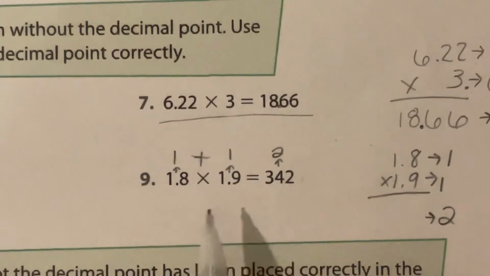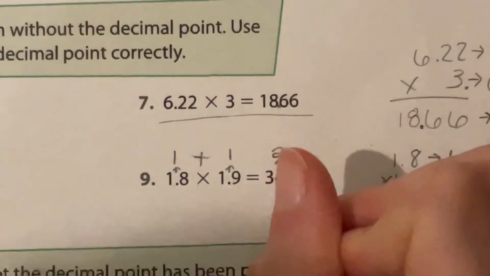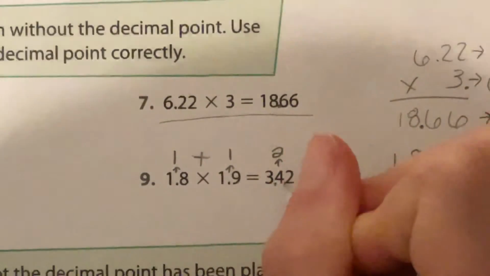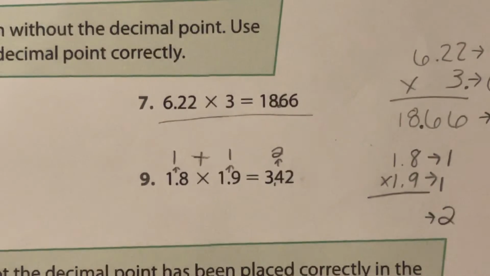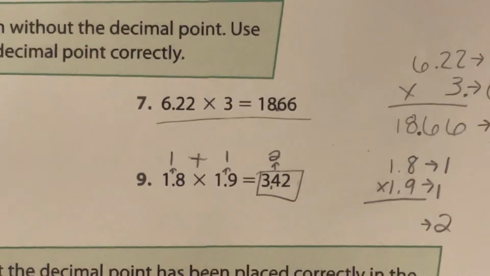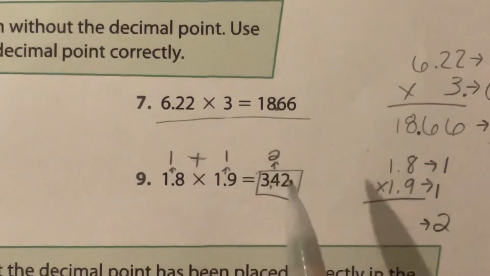So I know how many digits should be to the right of my decimal point. 2. It should be right here, because my 4 and my 2 are my 2 digits to the right of the decimal point. My answer is 3.42. Okay, hopefully this should be a little bit easier. So you can just do that little arrow on top and do that little arrow on top and then do the little arrow on top and then it works.